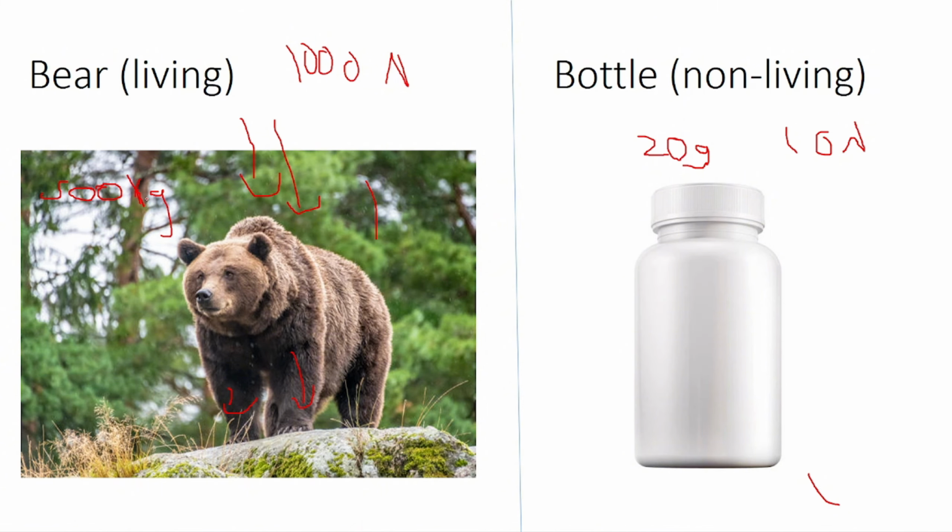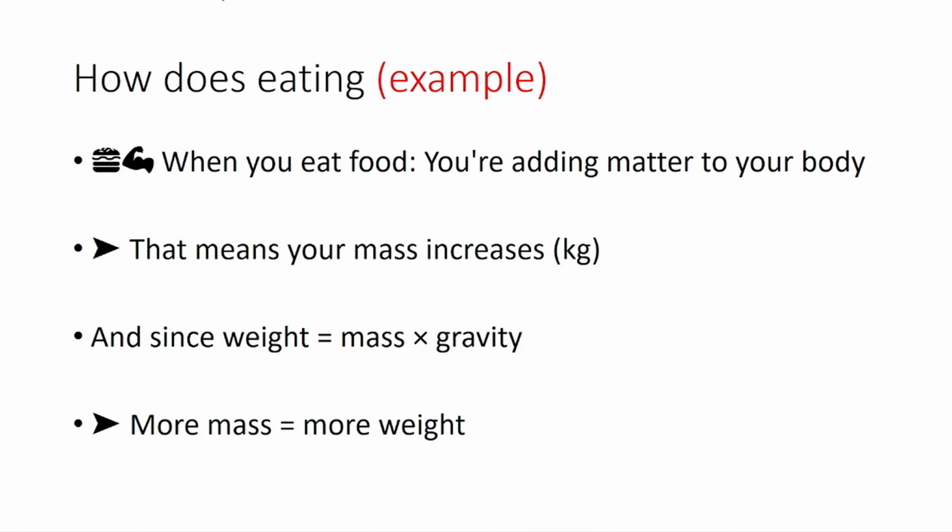So here's the mass, 500 kg, and the weight measured in newtons is 1000, to show you that the amount of gravity pulling it down is 1000 newtons, and here it is 10. So that's just a quick example. So how does eating work then? When you eat, you're adding matter to your body, you're adding mass to your body. And since weight equals mass times gravity, the more mass you have, the more weight. As with the bear, more mass means more weight.